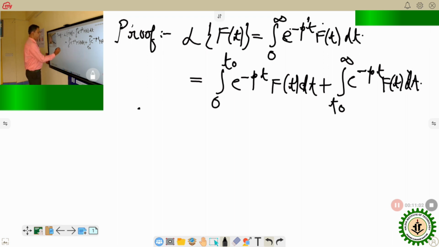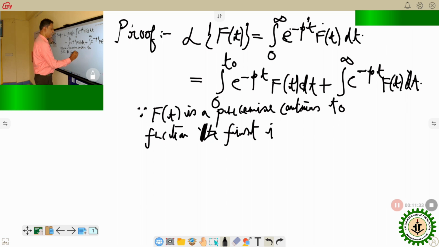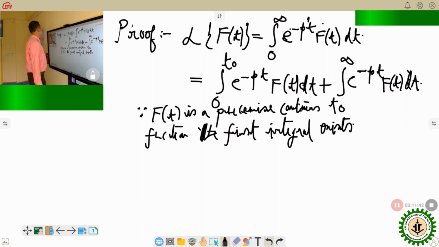Now, since f(t) is a piecewise continuous function, the first integral exists.